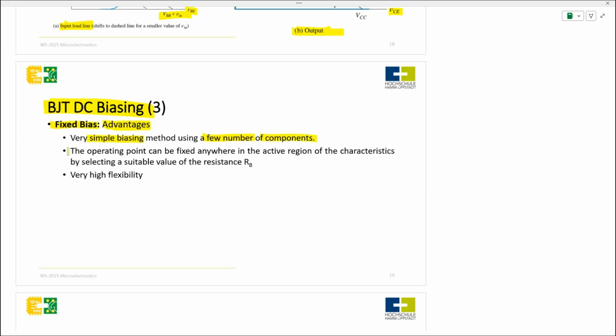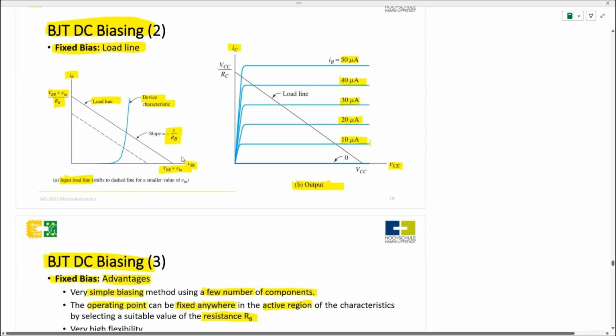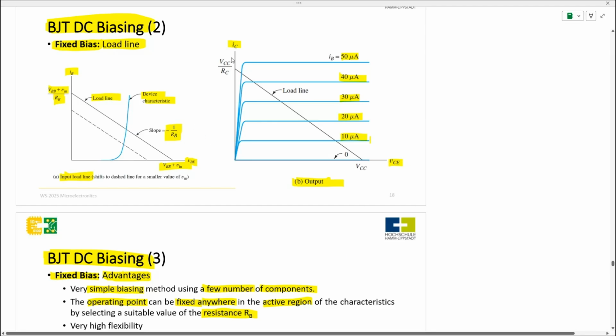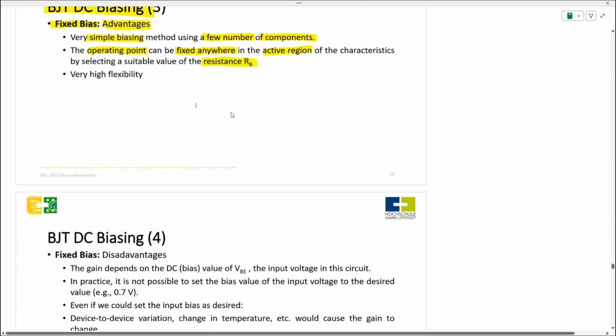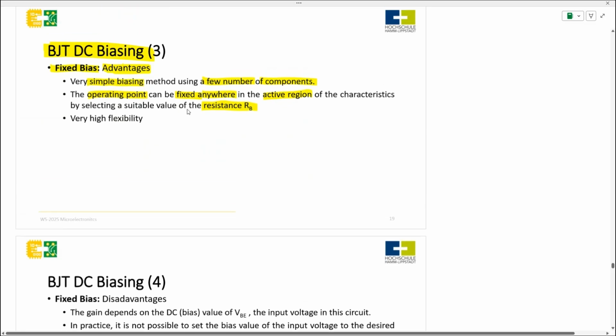The second point is the operating point can be fixed anywhere. Your operating point can be fixed anywhere in the active region of the characteristics by selecting a suitable value of the resistance RB, because choosing the resistance will affect our IB, and by that we will have a changeable and modifiable operating point.